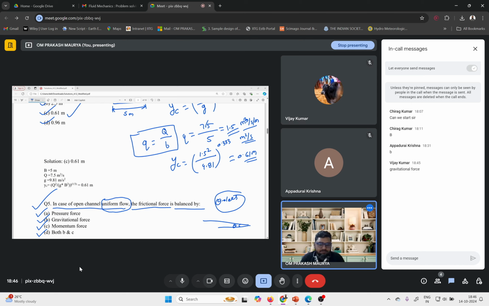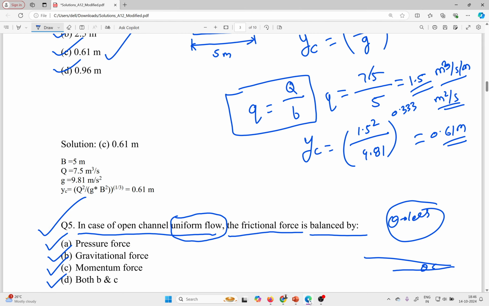Okay, let me discuss. So yes, you are correct. We consider only the gravitational force. Why don't we consider the pressure force? As you know, theta is very, very small. So that's why your pressure distribution will be hydrostatic, which is normal to the bed, and it does not have a component in the flow direction.